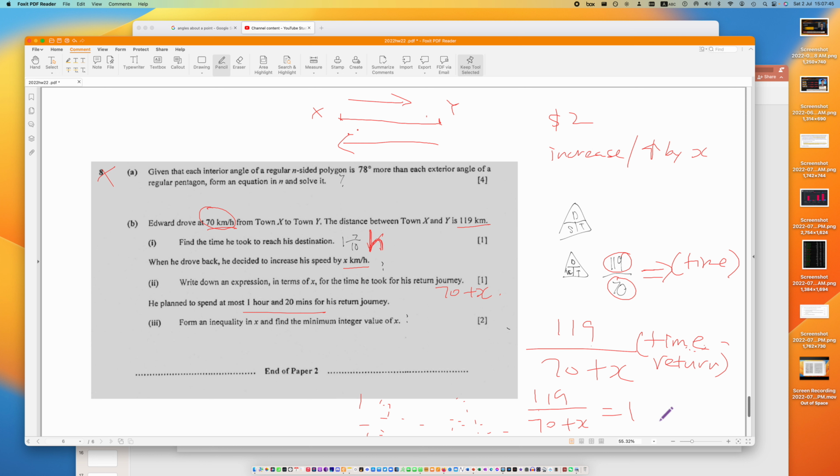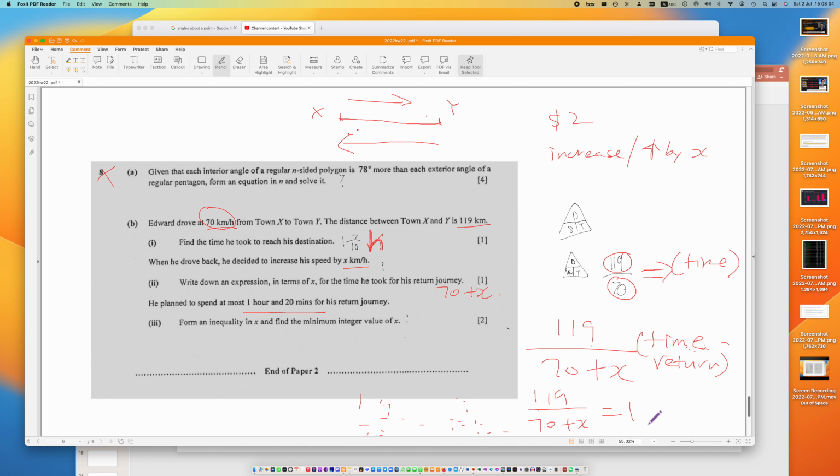20 minutes is how many hours? How do you convert 20 minutes to hour? Just write down 1 hour 60 minutes, then 20 minutes how many hours?